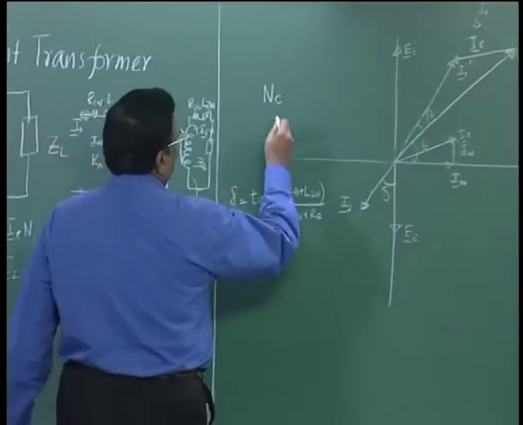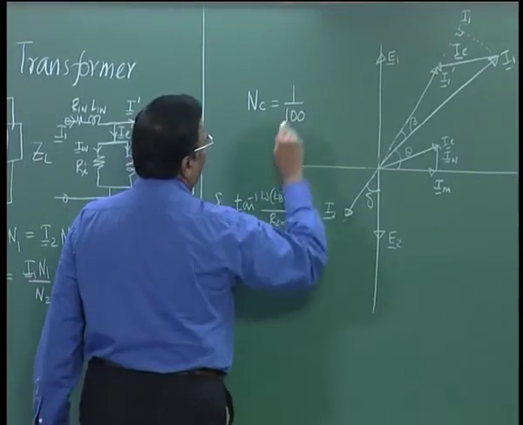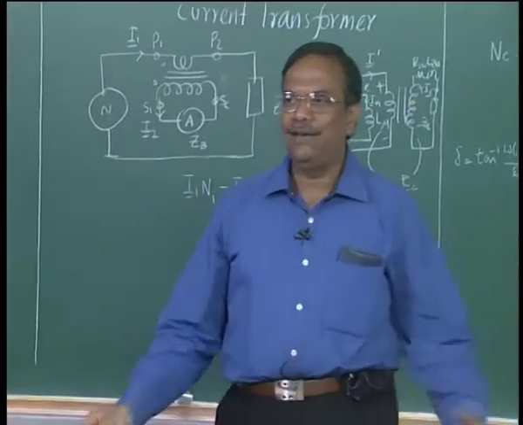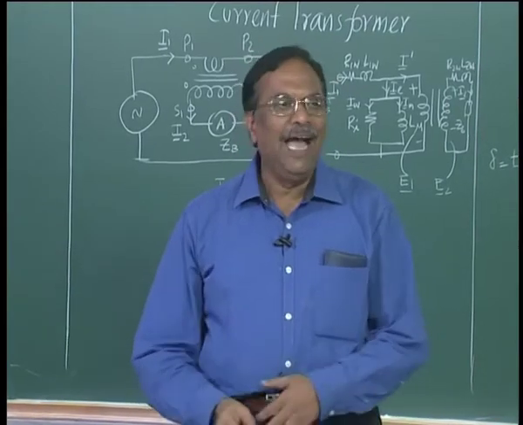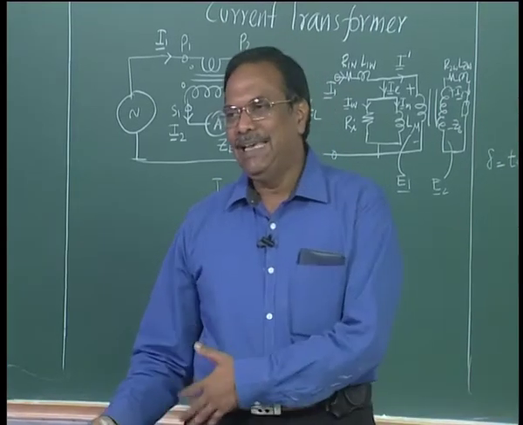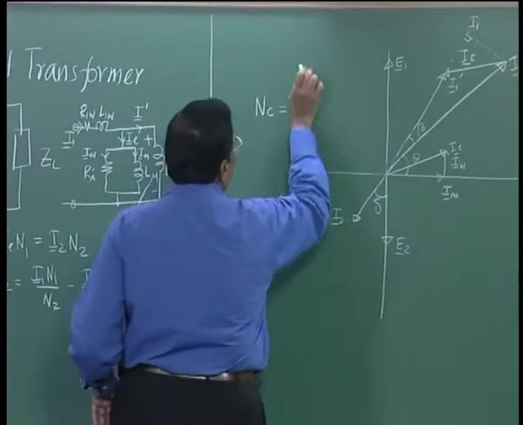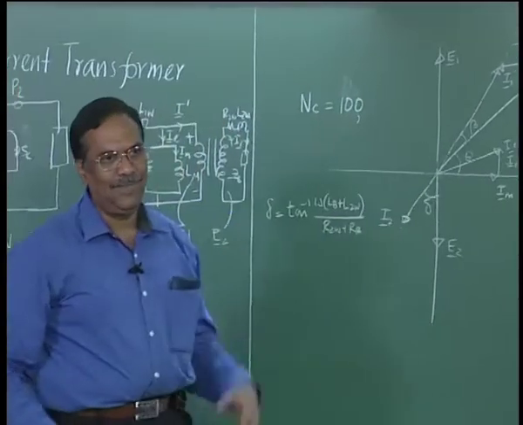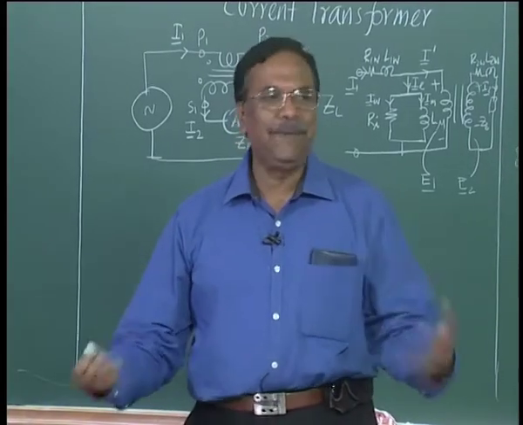So, my expected NC is 1 by 100, right. I have to divide I1 by 100 to get my secondary current, or multiply by 100 to get the primary current. That is the nominal ratio, the current transformer expected ratio.